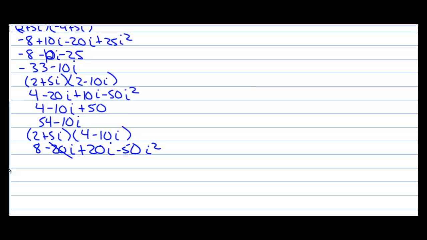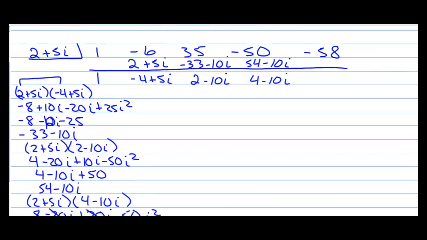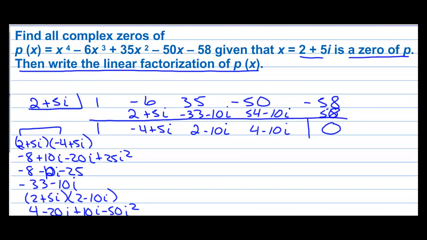So these two cancel each other out. 8 plus 50, because remember i squared is negative 1, is 58. So we actually do get 58 here on the end. And then that remainder is 0, and we knew that was going to happen because 2 plus 5i is a 0 of the function.